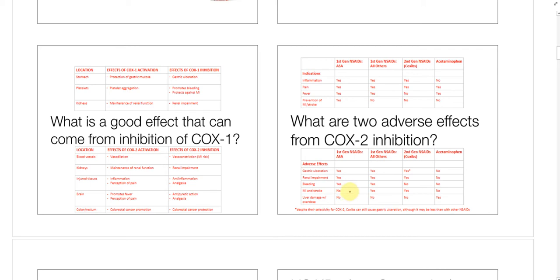So while there is some vasoconstriction in general, aspirin tends to counter that by blocking platelet aggregation, making it so that they don't clot as easily. And then Tylenol is the only one that has any issue with liver damage with overdose.